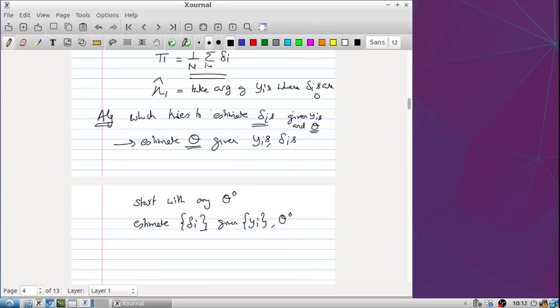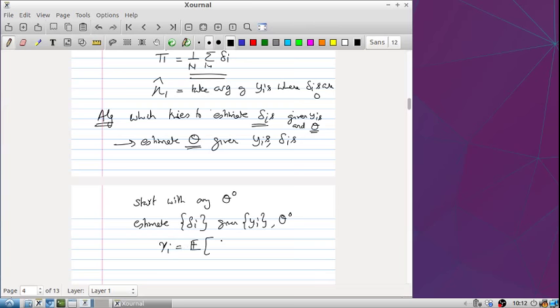What is that estimate going to be? It's going to be just the expectation of each delta i. The estimate of delta i, I'm going to call it gamma i.